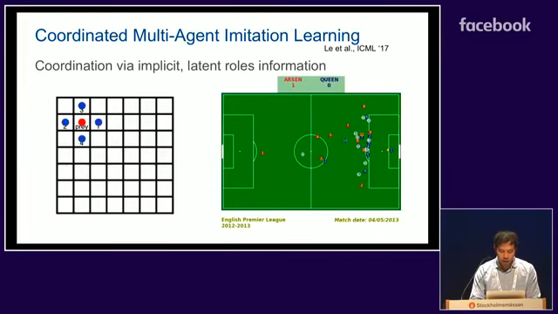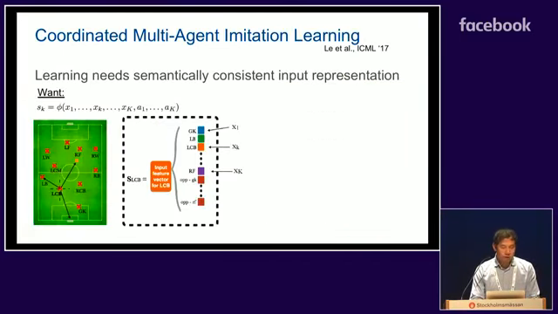So if we want to lift imitation learning from single agent to multi-agent setting, one of the properties that we usually take for granted when using black box methods is that the neural net or decision tree will be able to take a state representation that already has the right ordering, right?